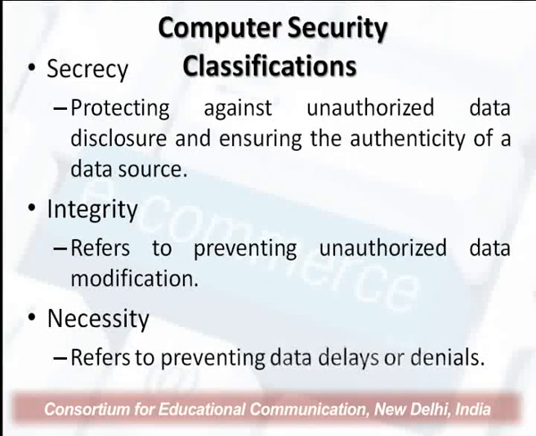You know that the data is secret, that is, it is not to be disclosed in front of everybody. The authenticity is important, from where you are getting the data, and then protecting it from any person who is not authorized to view or to use that data.